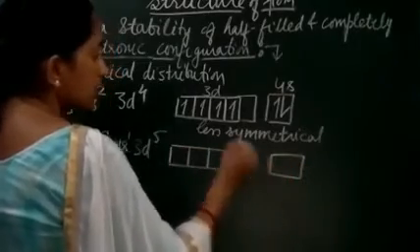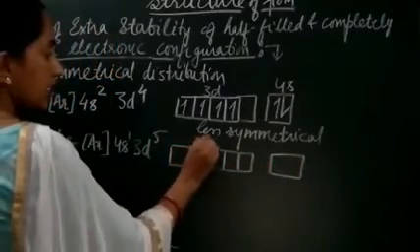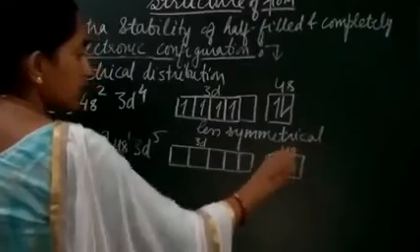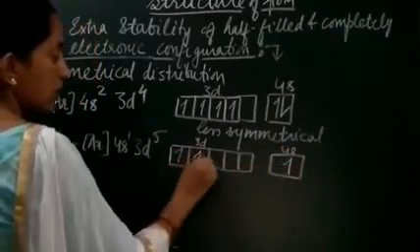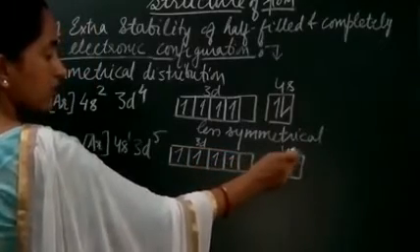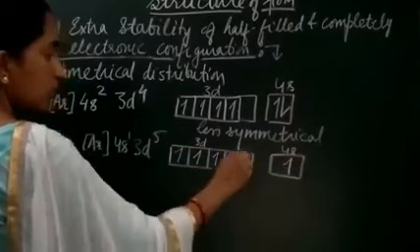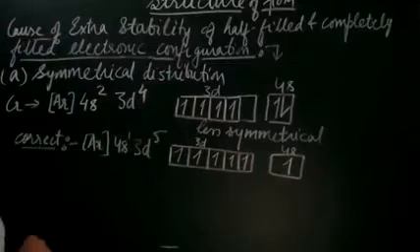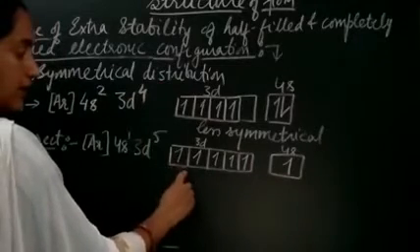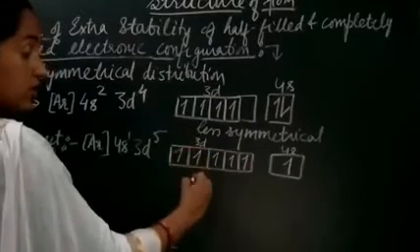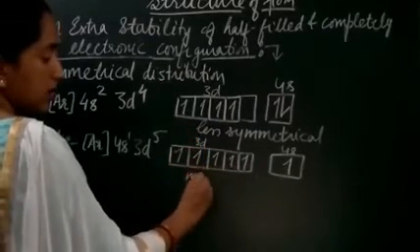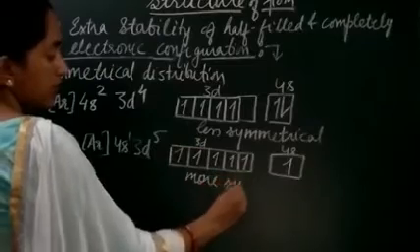This is 3d and this is 4s subshell. Here we have one electron, and the other electron which was from 4s has jumped to 3d. As a result, the 3d subshell has one electron in each of its orbitals, so it is more symmetrical.